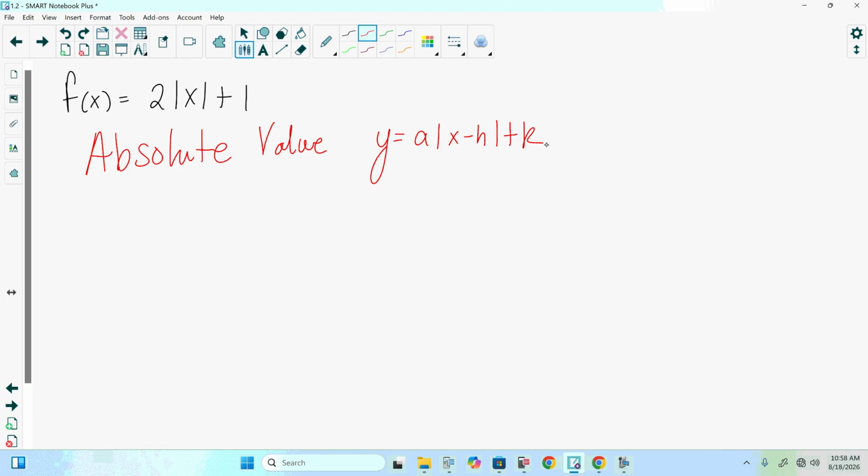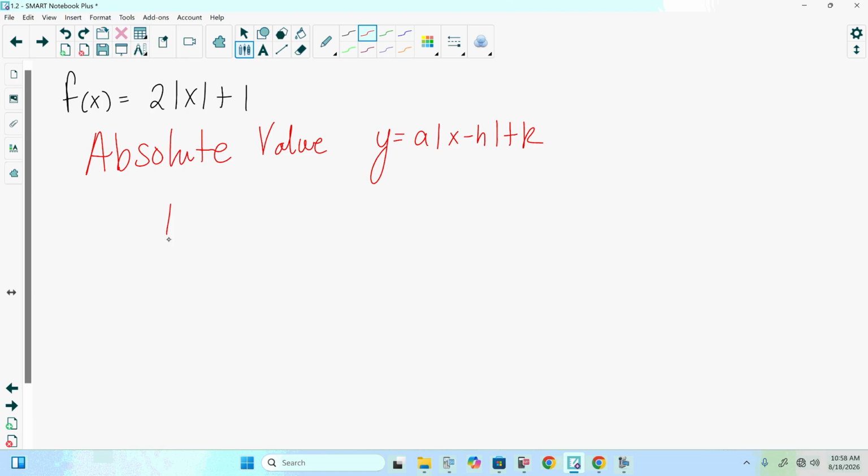This is our absolute value equation. Now, do we have a value for h? Do we have a movement left or right? We don't have a number added or subtracted inside the absolute value, so there is no movement left or right. Do we have a value for k? Yes, and that value is 1.